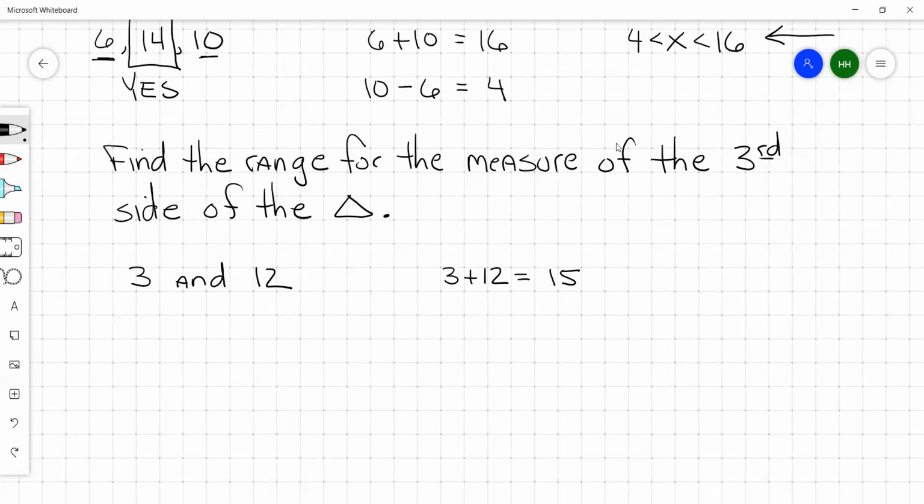Then you take bigger minus smaller. You go 12 minus 3. That's equal to 9. 9 is less than x, which is less than 15. So the third side of this triangle has to be greater than 9 and less than 15.